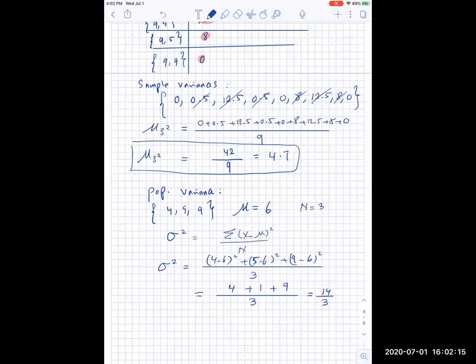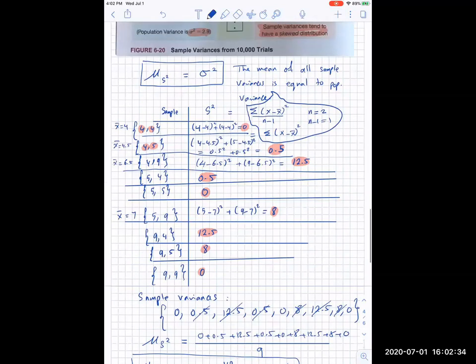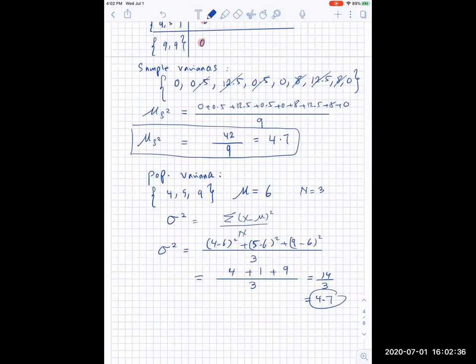Exactly the same. 14 over 3 or 42 over 9, 4.7. All right, so this is an example proving that the mean of all the sample variances is equal to the population variance.